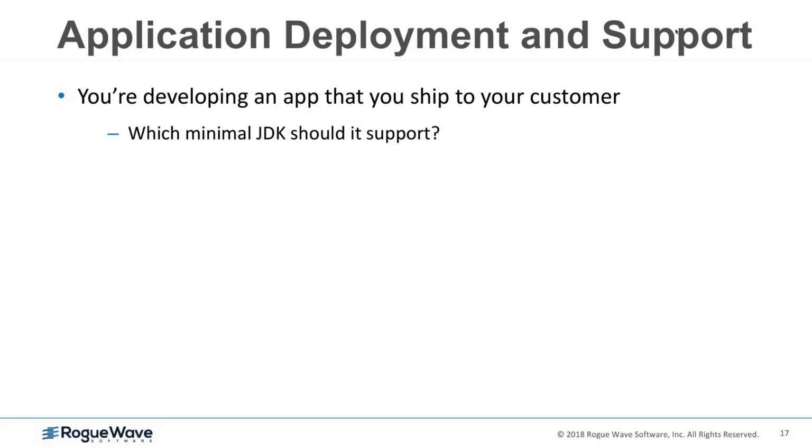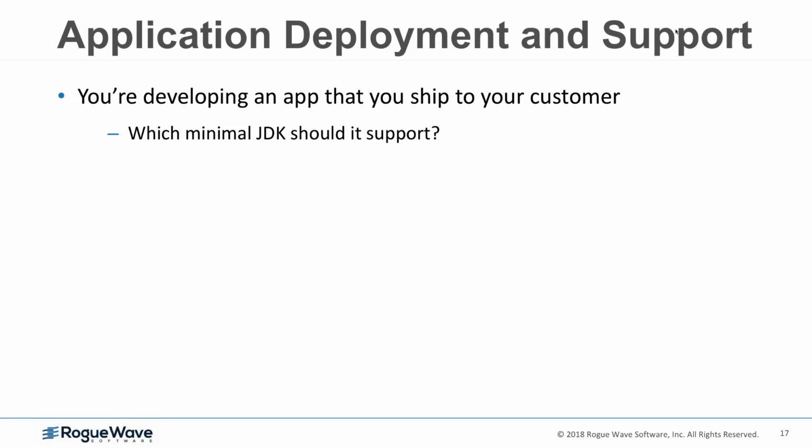So that probably means you're looking at Java 7, maybe 8 if you can get away with it, but certainly not the newer stuff. Now, if you have a much smaller customer base, or maybe they don't really care about what version of Java is required, or maybe you can even ship your own JRE, for example, then maybe you could be more aggressive. But again, with large customers, you really have to fit them as opposed to the other way around.